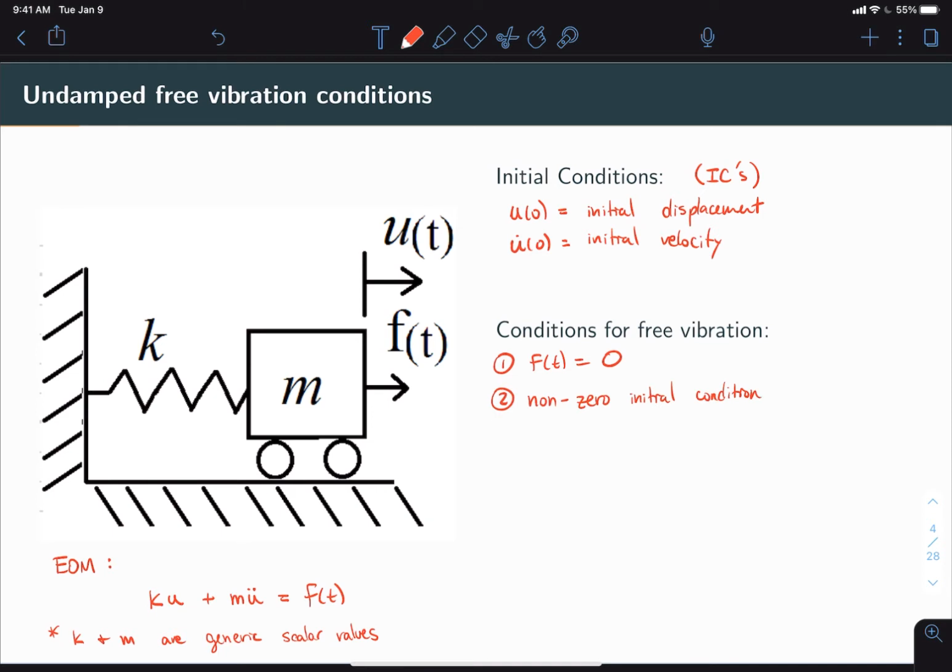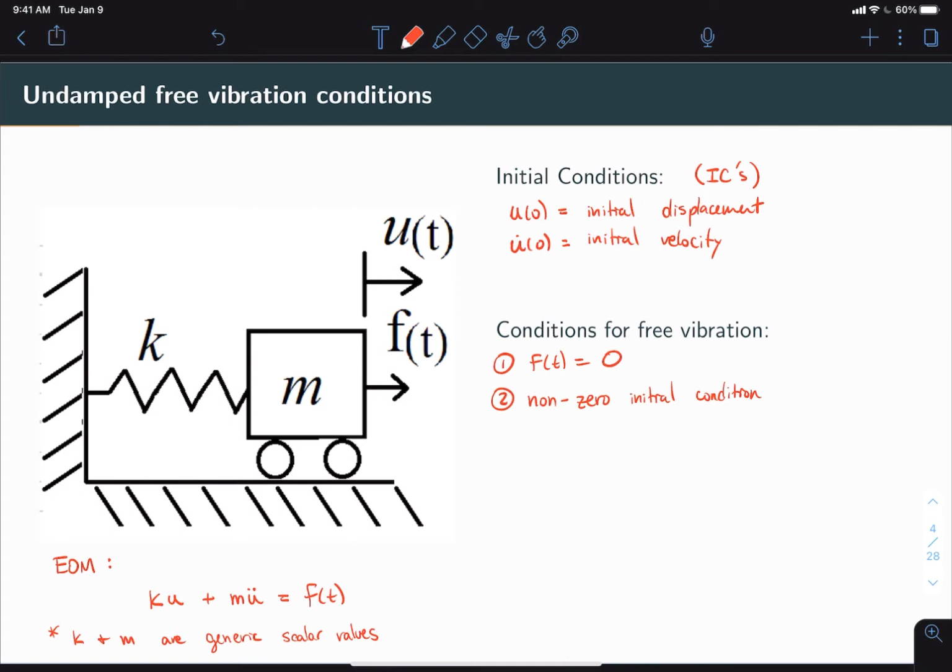So the simplest case would be we displace the mass by an initial amount and we let it go and let it vibrate. Or we could apply an initial velocity to the mass and let the system vibrate, or we could do both.